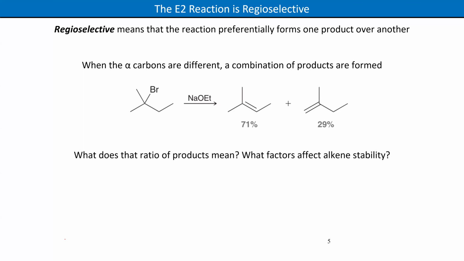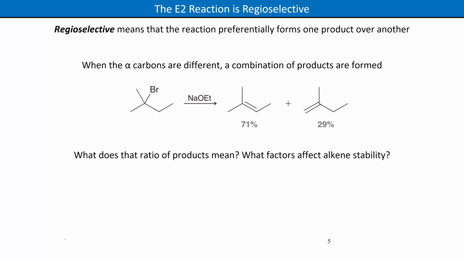Right, because for this isomer, there's a total of 6 hydrogens that our base could bump into and grab, that all give us this product. All 3 of the hydrogens here, all 3 of the hydrogens here will give us the same product. But in fact, when we measure it, we see that that's what we have less of.